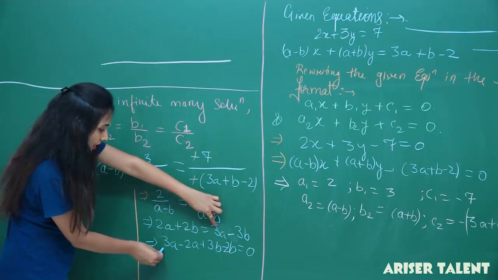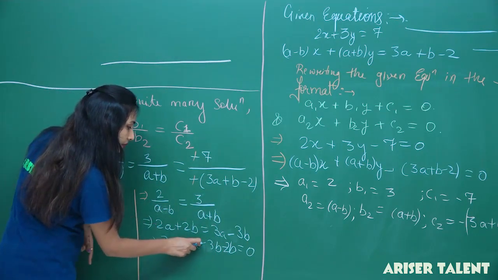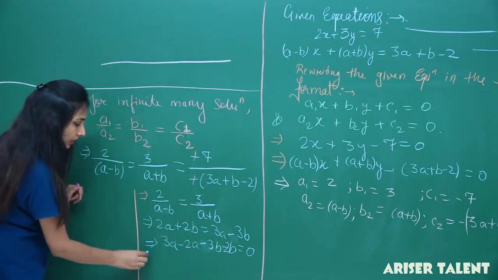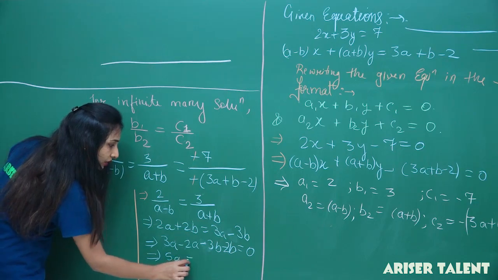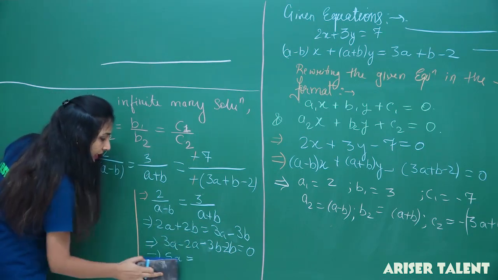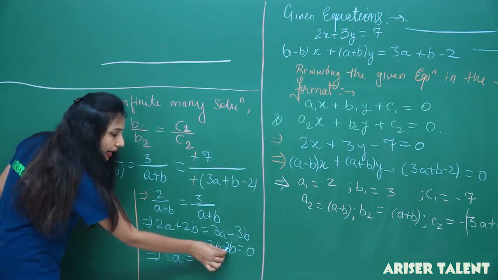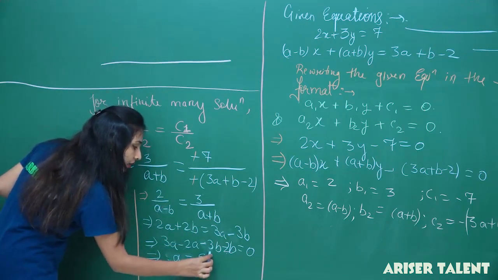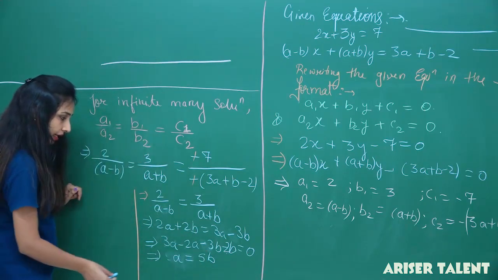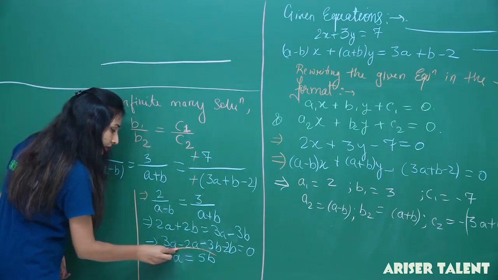So that is 3a minus 2a, minus 3b minus 2b. That will give you a equals to minus 2b, 3b, that will be 5b. So a equals 5b, this is 1.